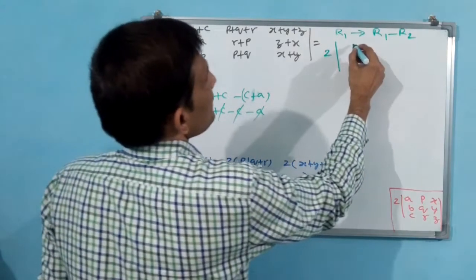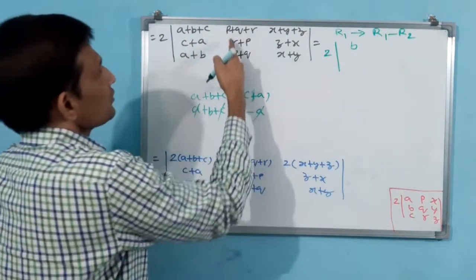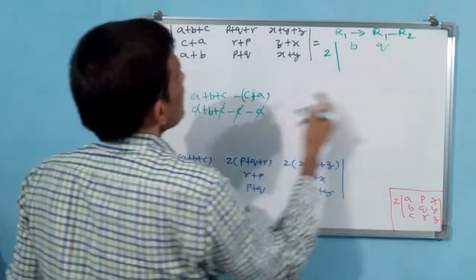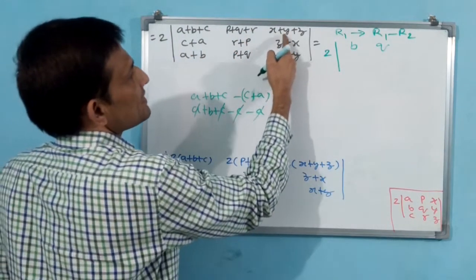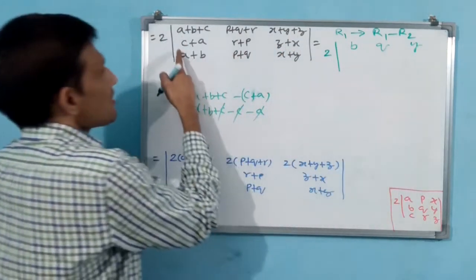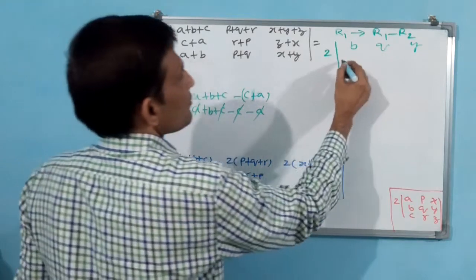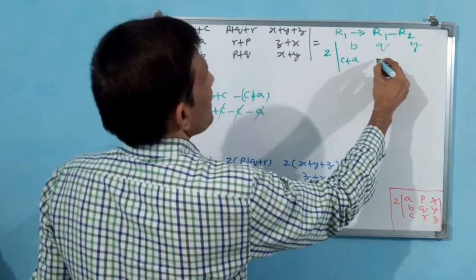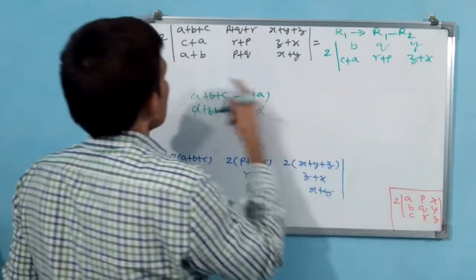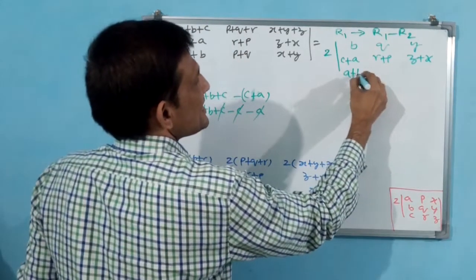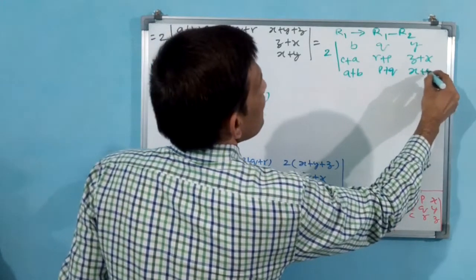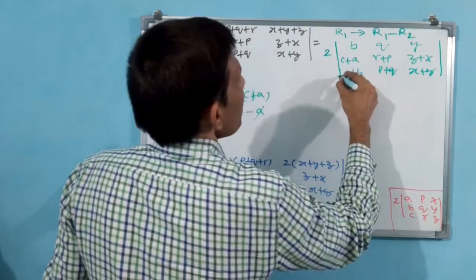Understand? Yes. Okay, B. Here also you see R plus P is there, then Q only will come here. Q. Here also Z plus X is there, then Y only will come. Y. But what about the second row? Second row will come the same: C plus A, R plus P, Z plus X. Third row same: A plus B, P plus Q, X plus Y. Okay.